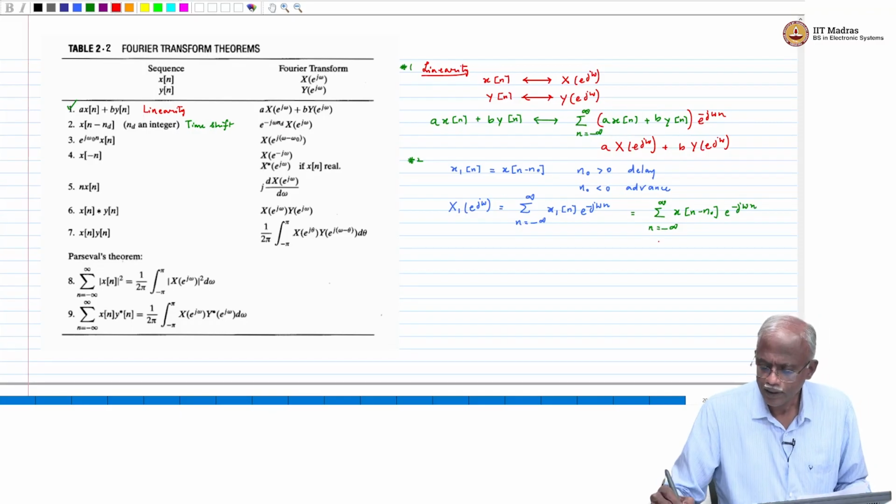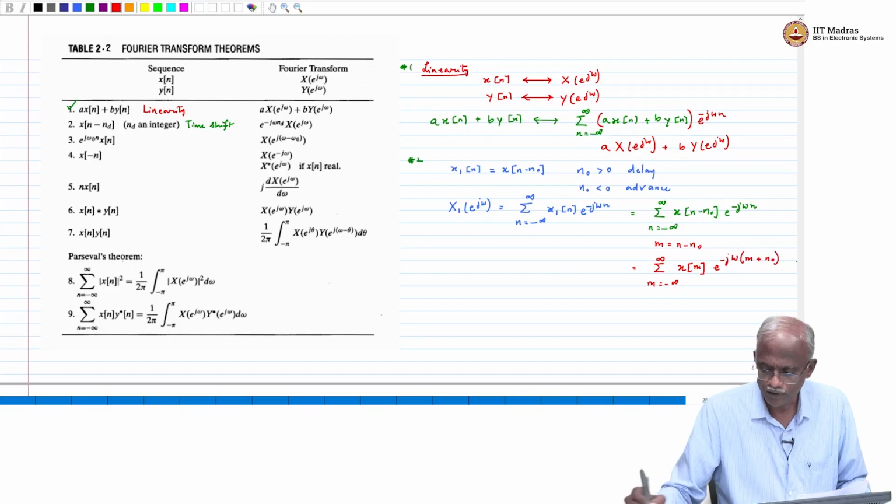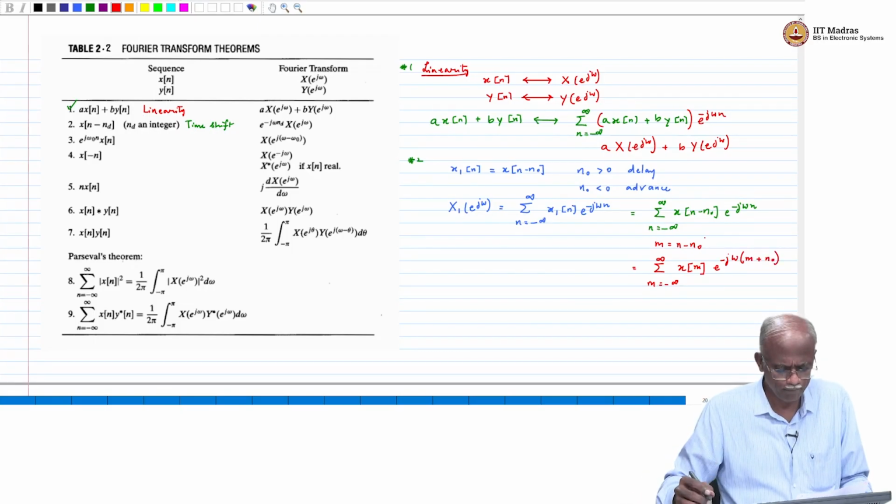Do the replacement, m is equal to n minus n naught. So the summation will be m equal to minus infinity to infinity x of m, since n minus n naught equals m, and e power minus j omega times m plus n naught, basically replacing for n.